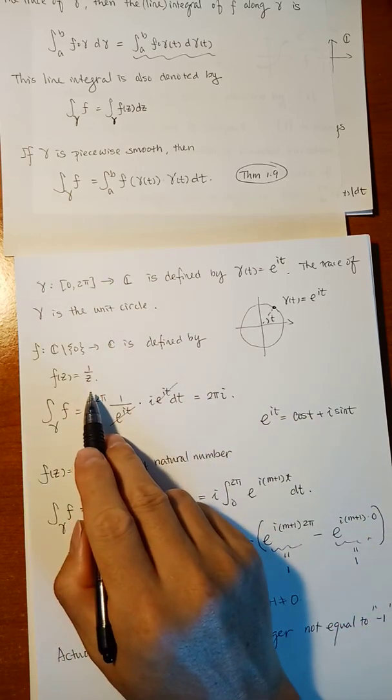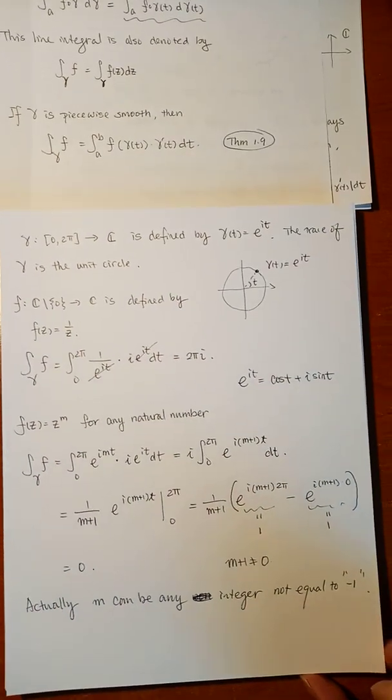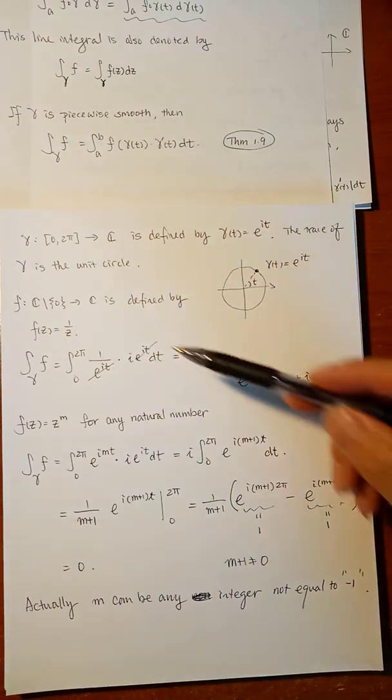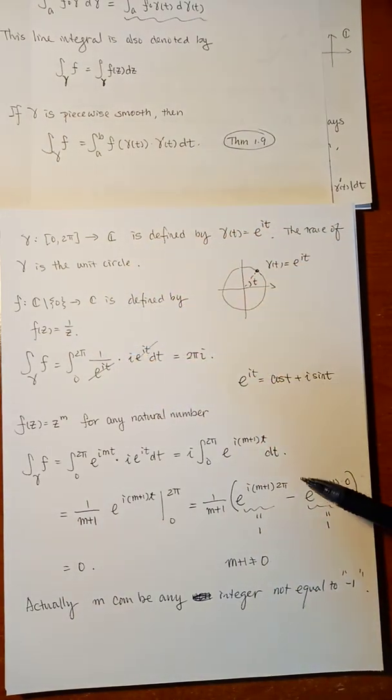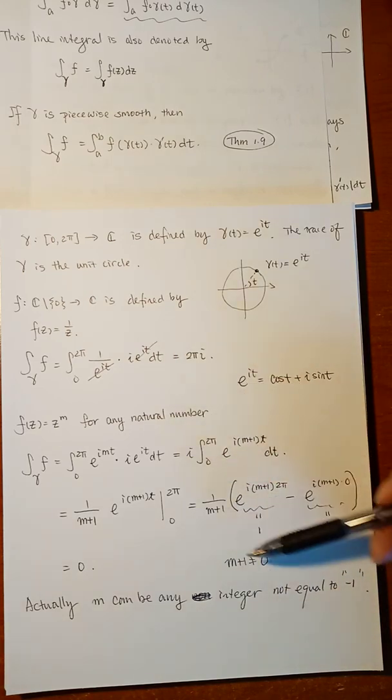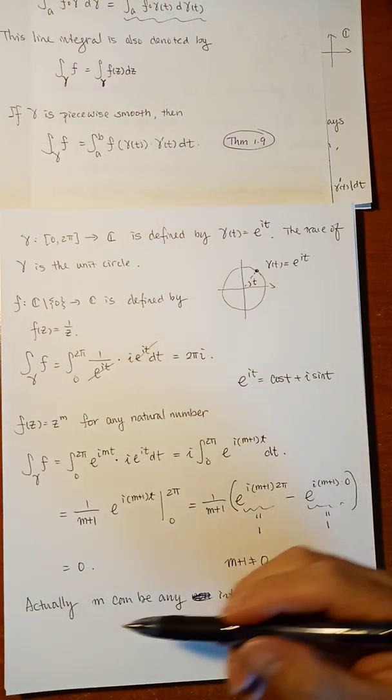Negative 1 corresponds to this 1 over z. We discuss this special case separately, z to the power negative 1. If m is not negative 1, then this computation always gives us 0.